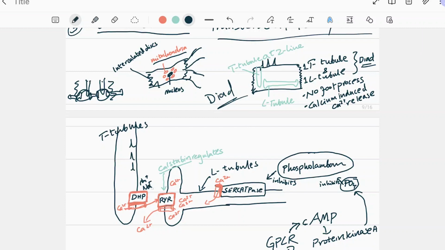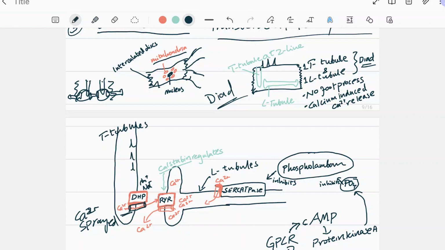This makes the cell positive on the inside, and the dihydropyridine picks up on this signal, and then in the case of cardiac muscle, it causes a change in the ryanodine receptor by spraying calcium. Calcium is sprayed by the dihydropyridine. You see there's this ion channel over here, which is linked to the dihydropyridine.